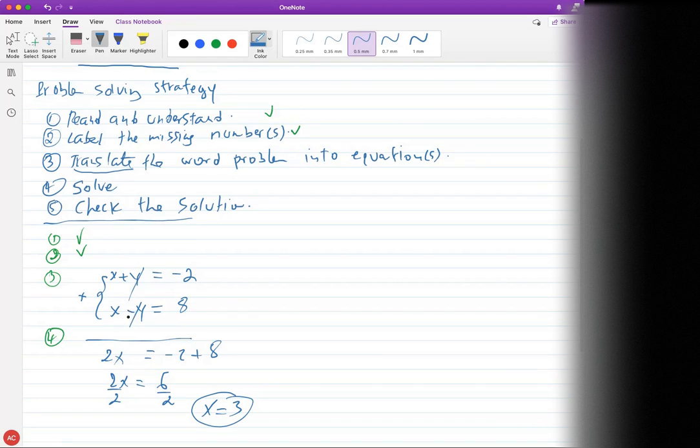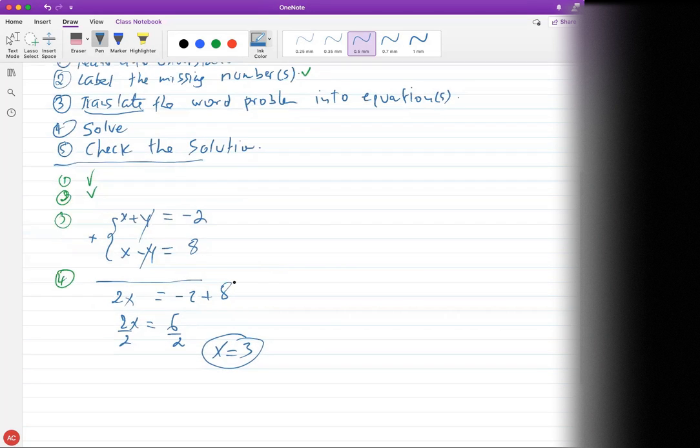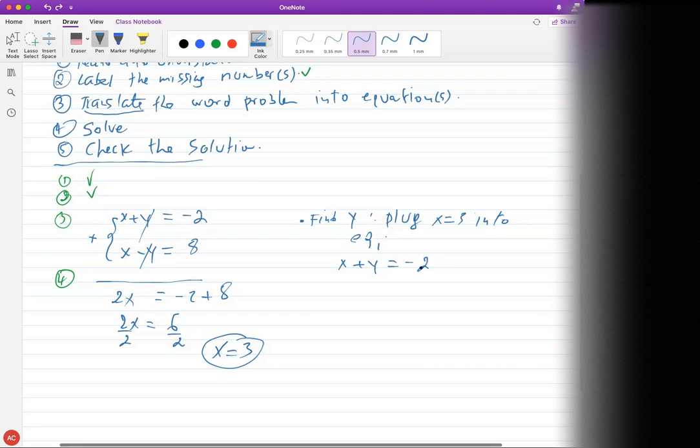It doesn't have a negative, so we don't have to divide by a negative later. So we can use this one. Now we can find y by plugging x equals 3 into the equation.